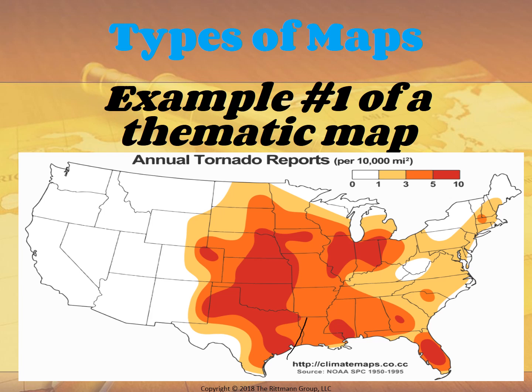Well, it is this area right here in the middle, which is affectionately known as Tornado Alley. They get a lot of tornadoes in those areas. You also notice there's some more up here in this little area, but the greatest number of tornadoes are concentrated in the middle of the United States. Again, a thematic map.